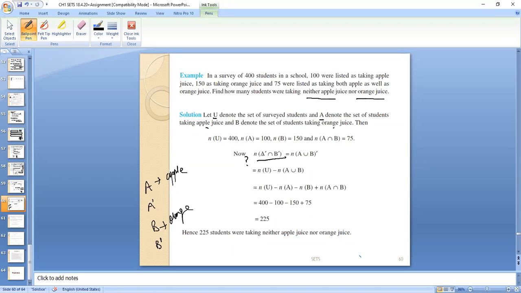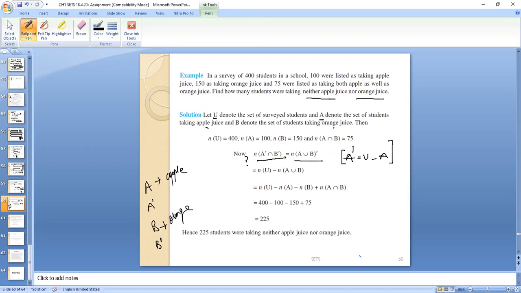The number of elements in A complement intersection B complement is the number of elements in A union B complement. Now, what is A complement? You know, A complement is universal set minus A. So A union B complement is universal set minus A union B, by the formula that the complement of a set is the universal set minus that set.